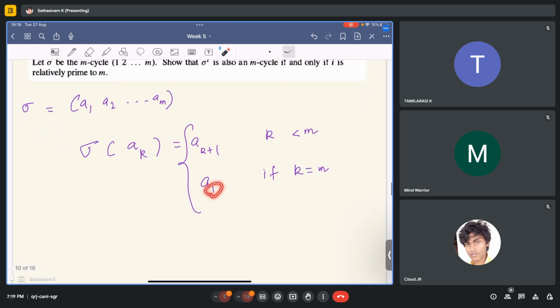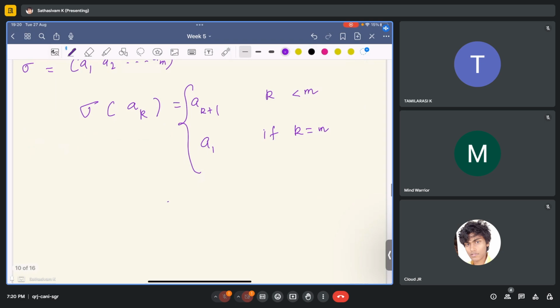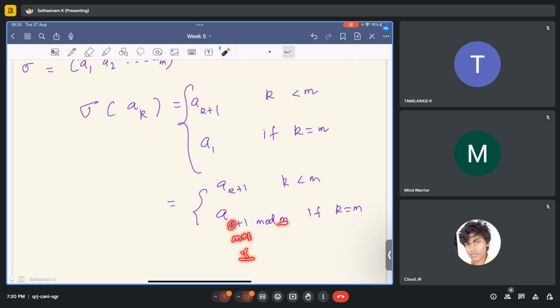So I can change this like the following: a(k+1) if k is less than m, or I can write it as a((k+1) mod m) if k is equal to m. If k is equal to m, this becomes m plus 1, and m plus 1 mod m is nothing but 1. So that is what we have here.